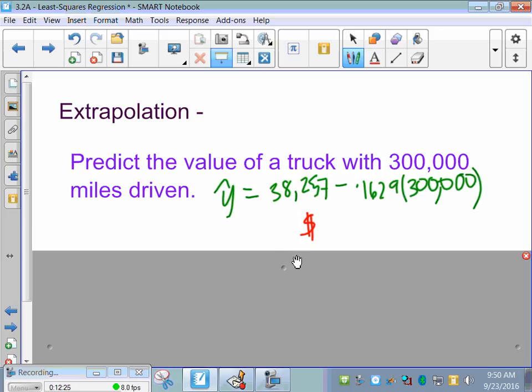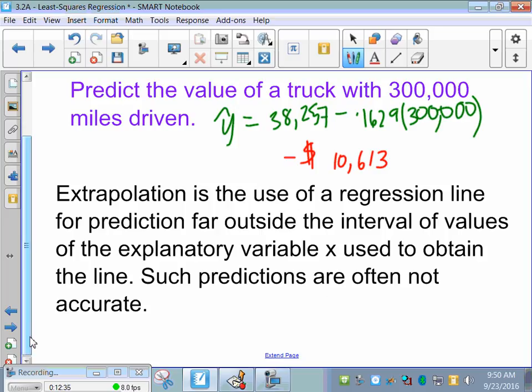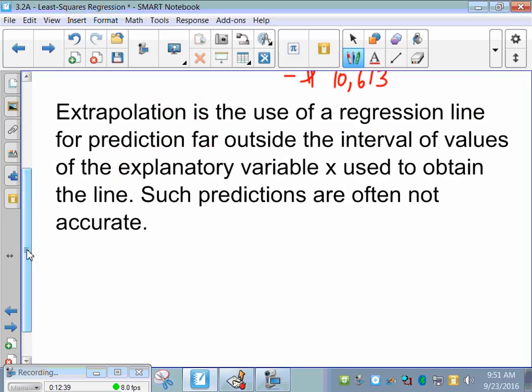Donovan? Okay, does that make sense? No. This is called extrapolation, when it doesn't even make sense to use the line of regression for the value you're plugging in. So extrapolation is the use of a regression line for prediction far outside the interval of values of the explanatory variable x. So our x is too big. Usually the predictions are not accurate.